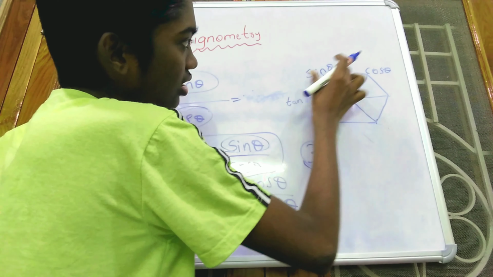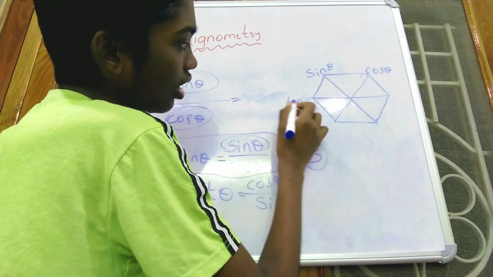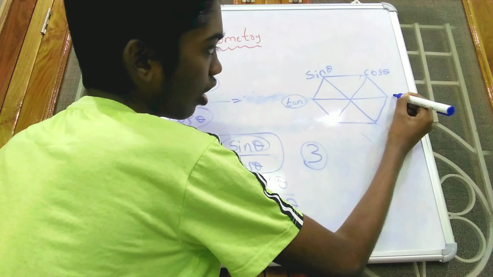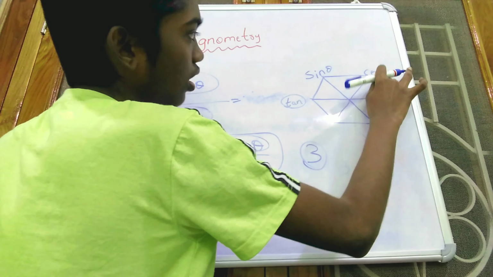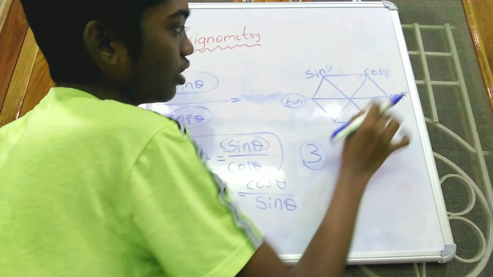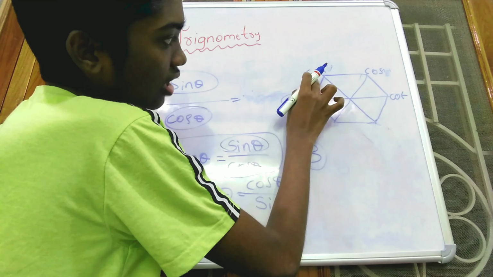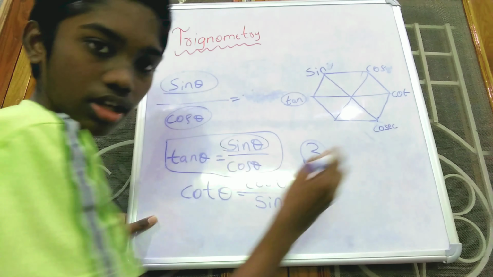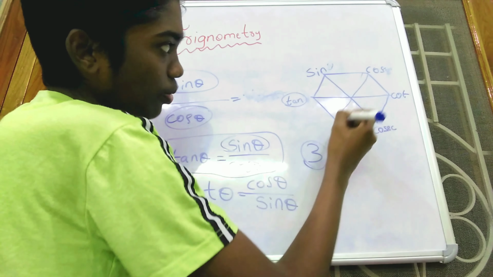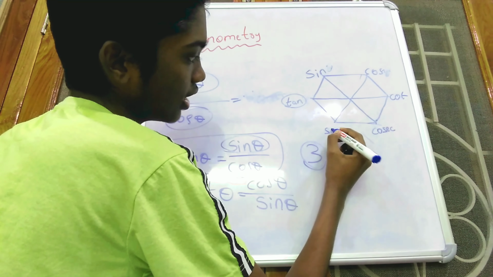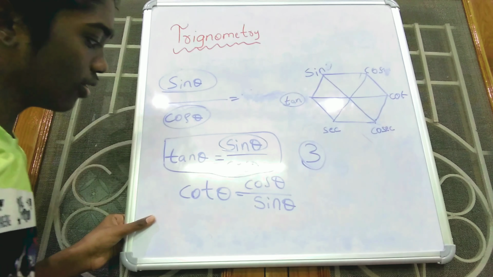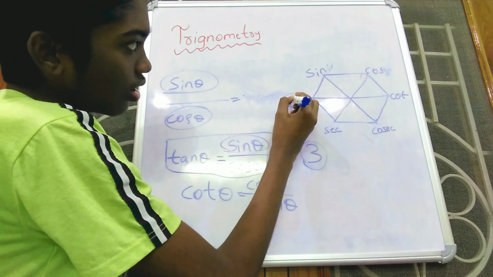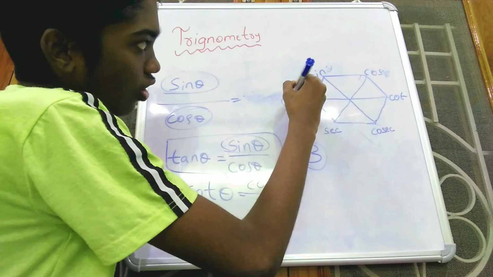The reciprocal of tan theta is cot, so beside tan you write cot. Now the reciprocal of sin theta, cosec theta, you have to write here. And next, the reciprocal of cos theta is sec theta. Here you write sec. So tan theta, followed by the next two.